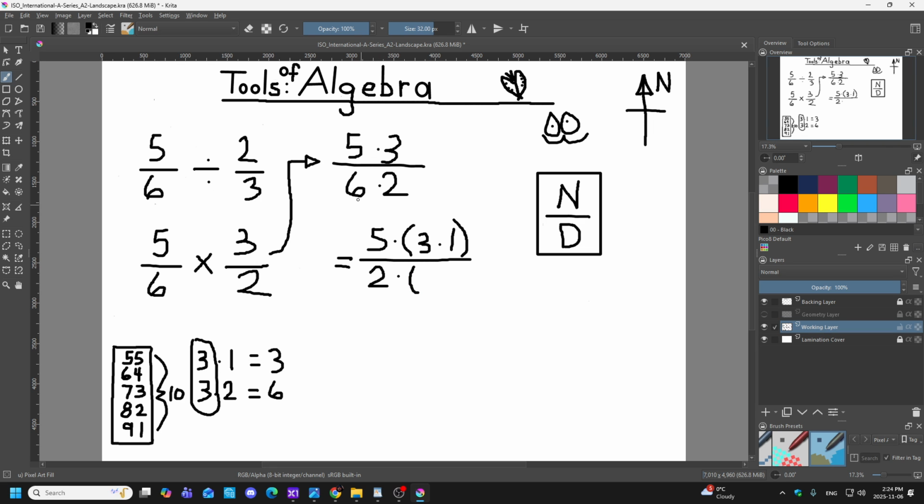So now I'm going to take this 6 and break it into 2 numbers, which is 3 multiplied by 2. Again, it means the exact same thing, right?